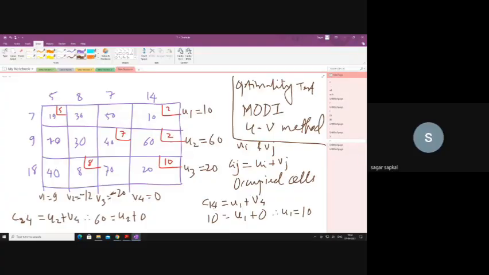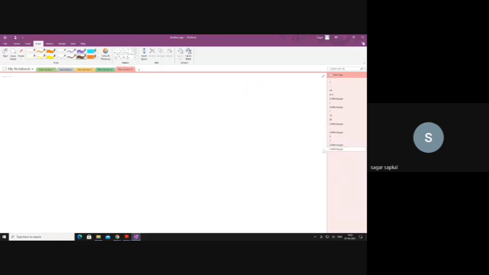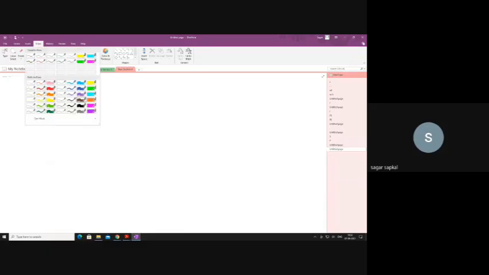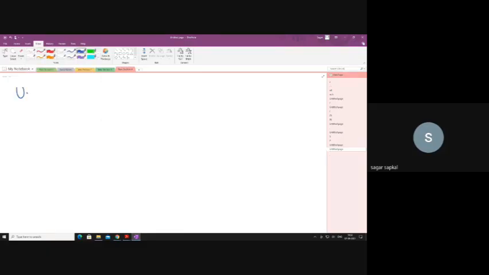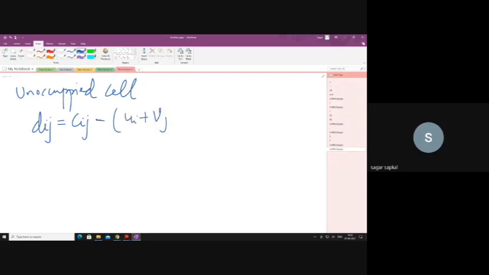For unoccupied cell, or non-occupied cell or non-allotted cell, you can use the equation Dij is equal to Cij minus into bracket Ui plus Vj, and find out Dij values for all the unoccupied cells. This Dij is called as opportunity cost.